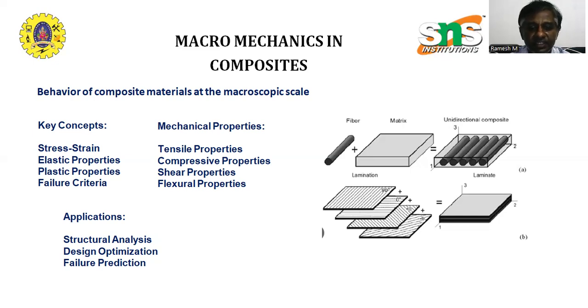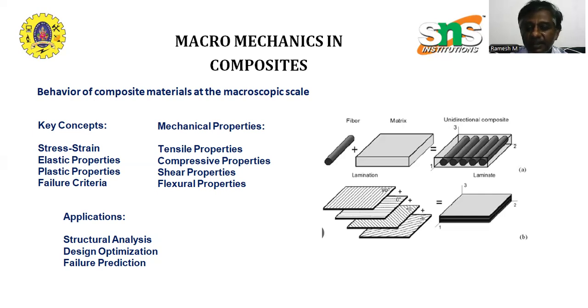So yield strength, ultimate strength, and strain hardening are all going to be focused. Then failure criteria predicts the failure of the composites under various loading conditions. So these are the main key concepts at the macroscopic level.